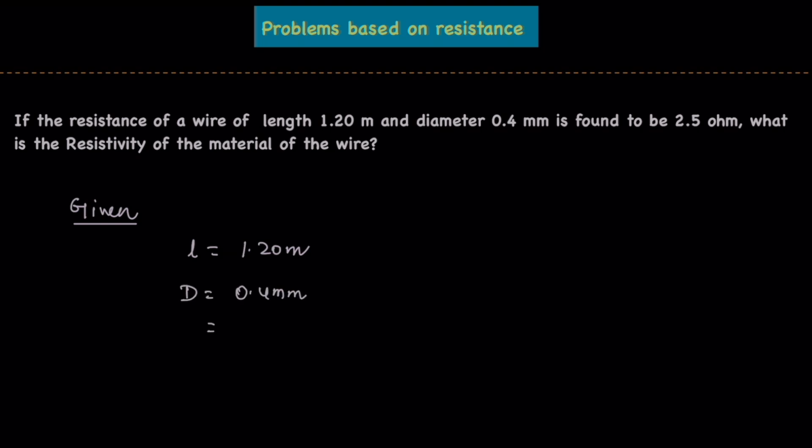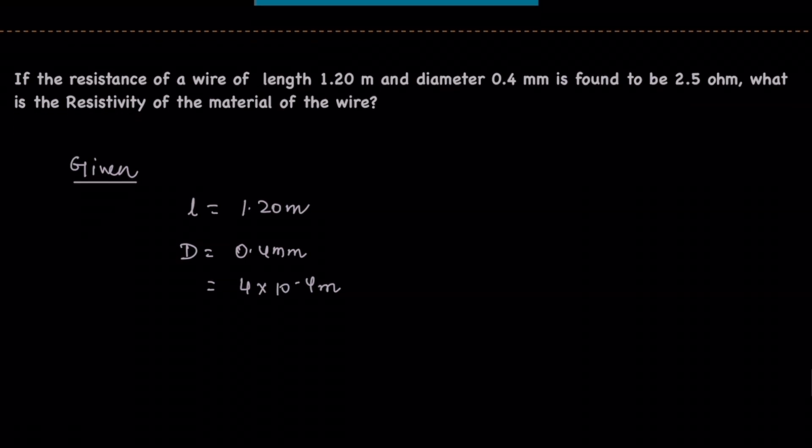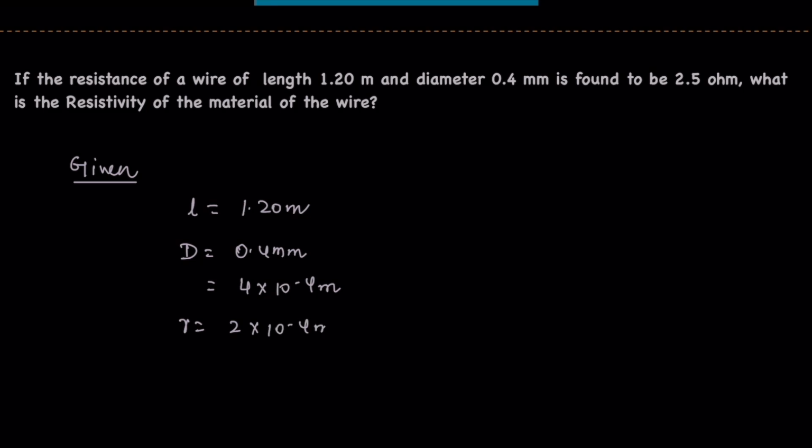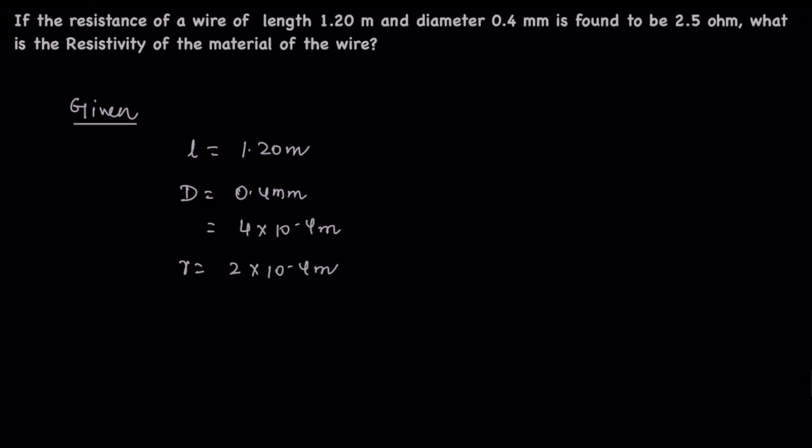We can write it as 4 into 10 to the power minus 4 meter. So the radius will become 2 into 10 to the power minus 4 meter. And resistance is given as 2.5 ohms.